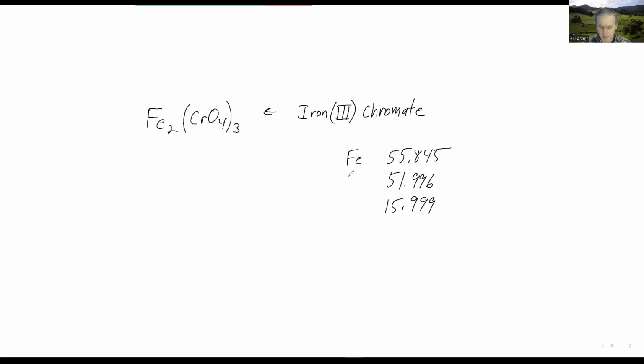Now we have to figure out how many atoms of each of these we have in one of these formulas. The little 2 here means we've got 2 irons, so this is times 2. And here, there's 1 chromium, but there's 3 chromates, so this is times 3. And this is 4 times 3.